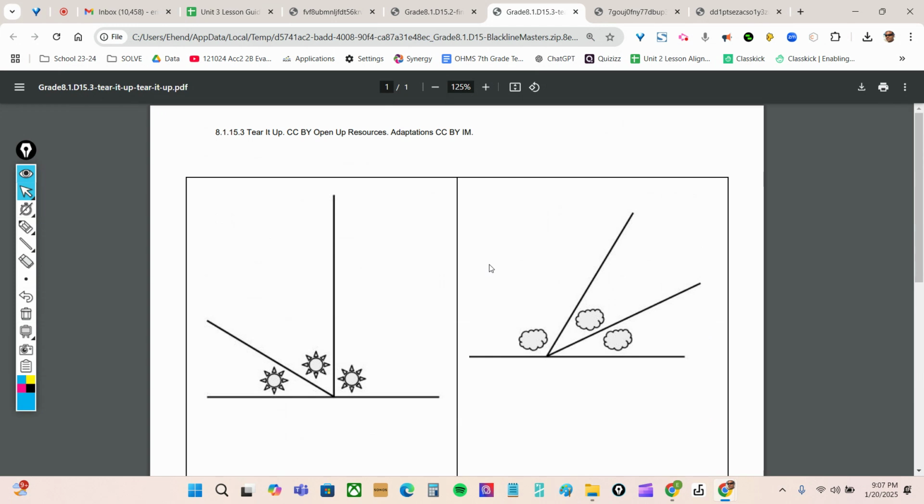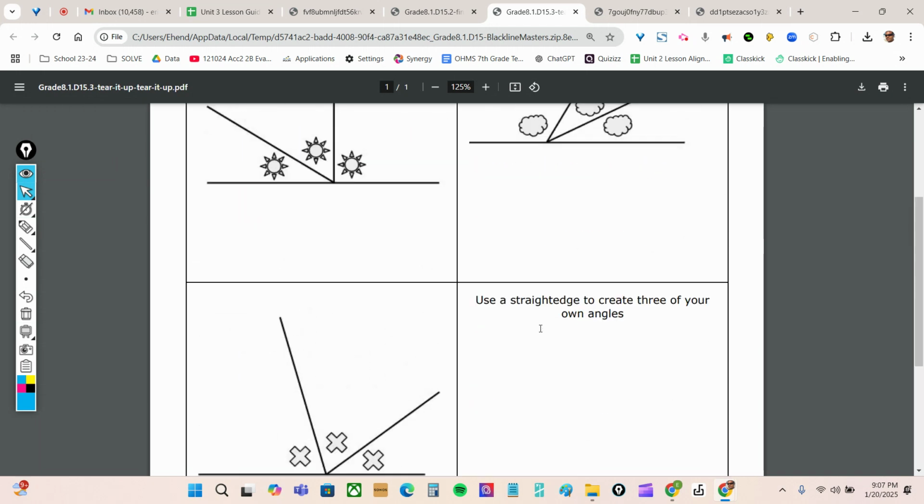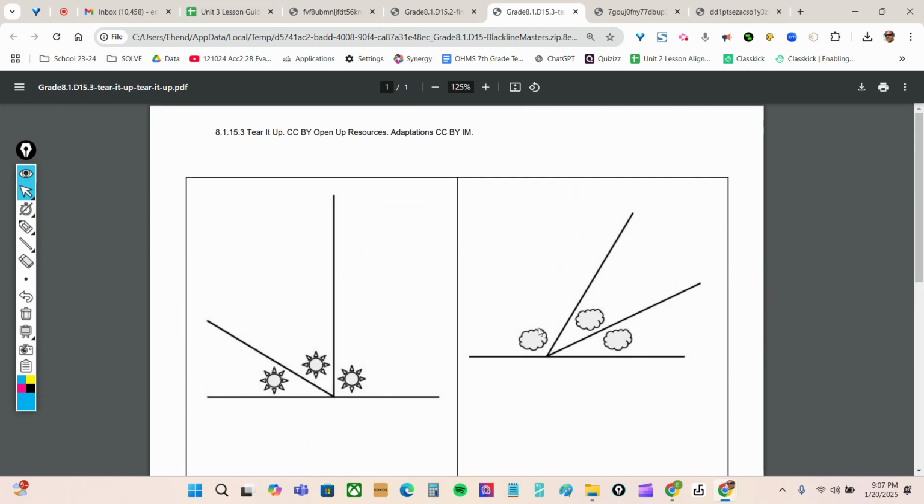So basically you would pick one of these groups of three angles, and the idea of this activity is to make a triangle by cutting out the paper. Say this is triangle 1, and that's not a good drawing. Let me try that one more time. Let's do it like this.